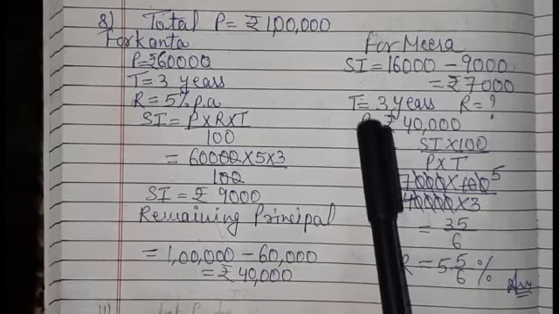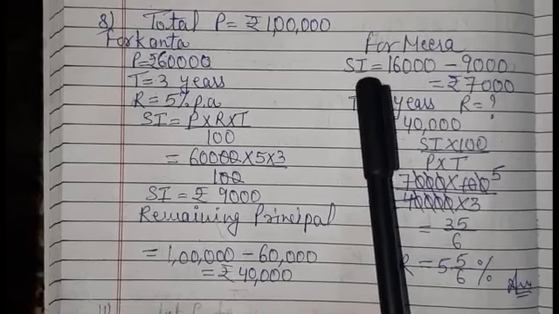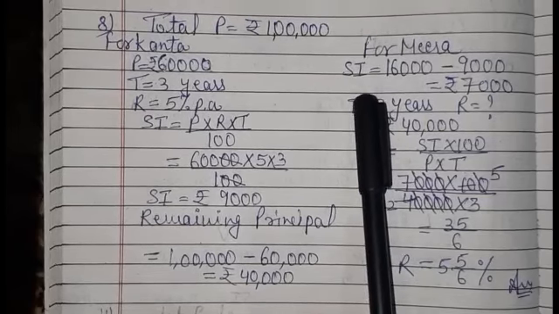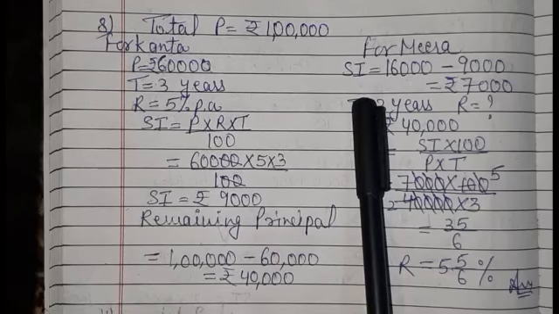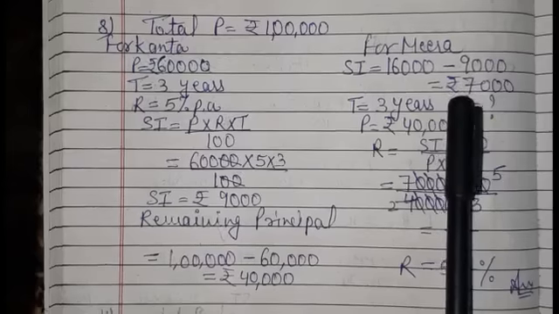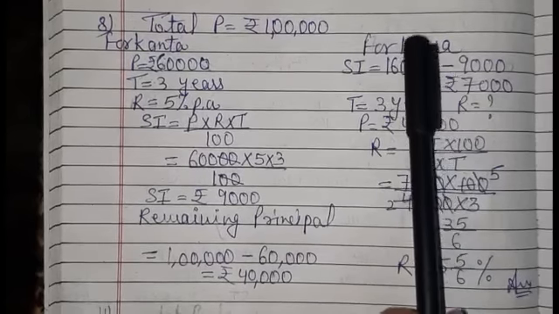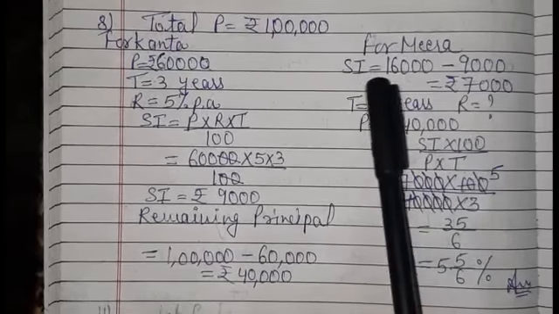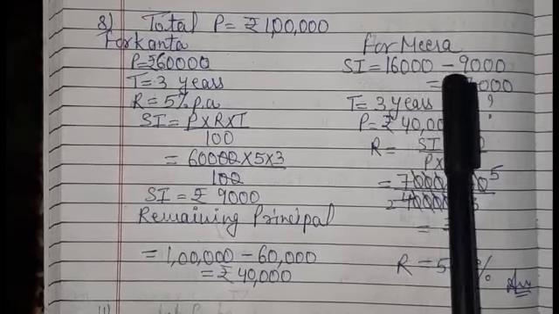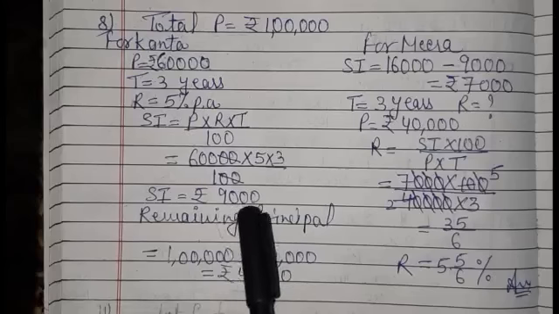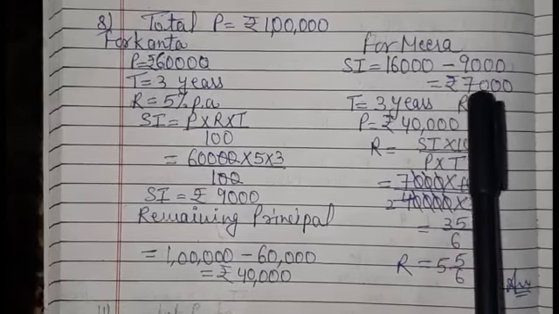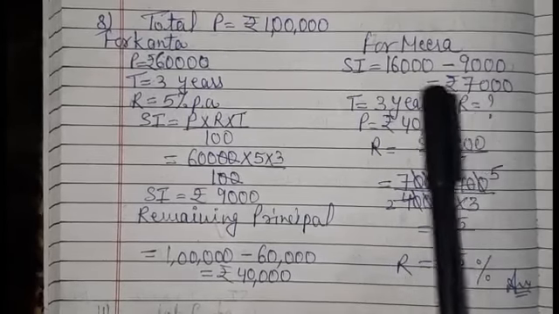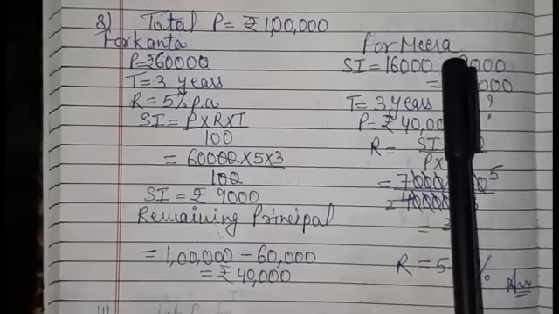In that case, they are saying she is able to receive a total interest of 16,000 from Kanta and Meera combined. So only Meera's simple interest will be 16,000 minus Kanta's simple interest amount. That amount we have to subtract, then it will come 7,000 rupees. Simple interest will be 7,000 for Meera.